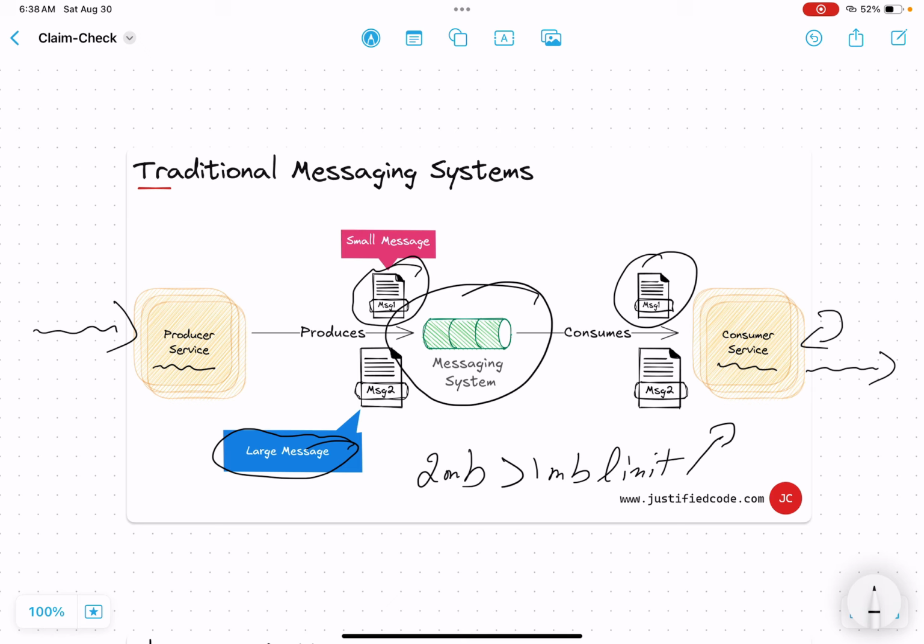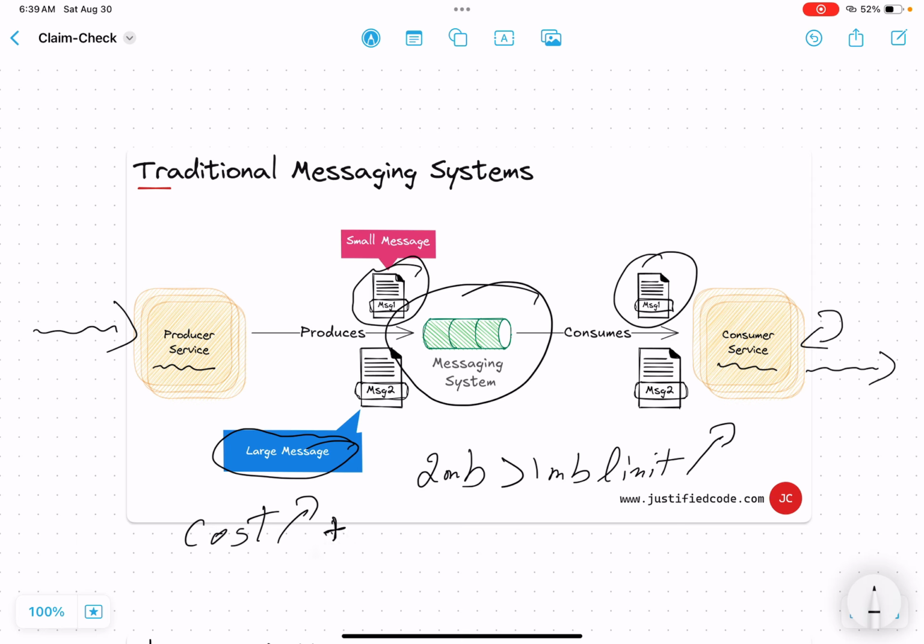So exceeding the limits on the broker itself, to me, is not an option, at least not anymore. Plus, some message brokers will give you this feature for a premium cost. So you are increasing the cost by increasing the default message size.